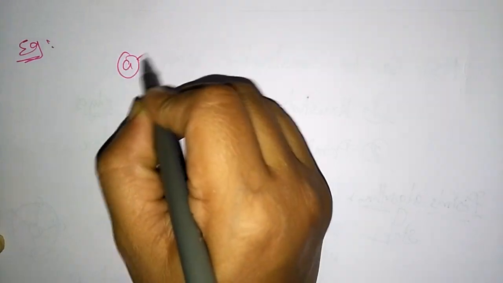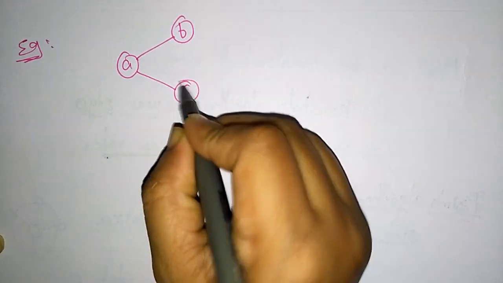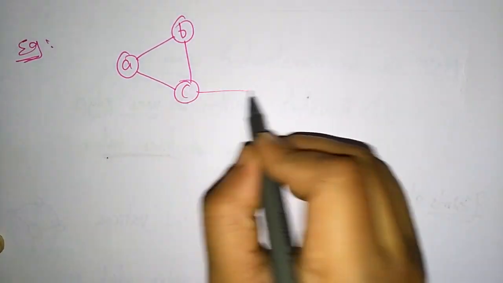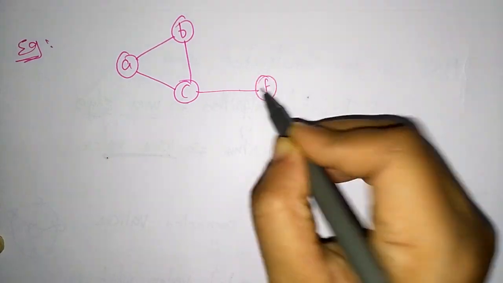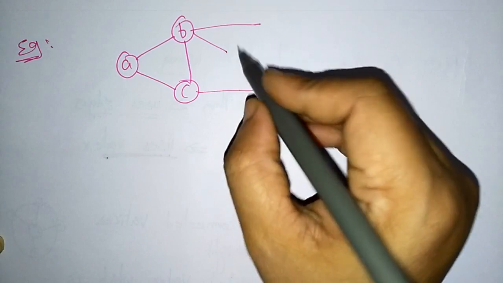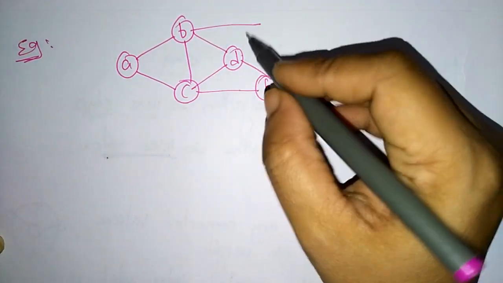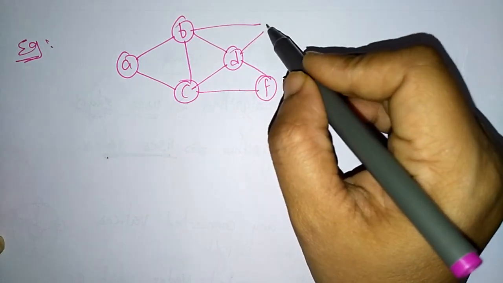We will apply this algorithm on this example. Let me take the example. So I am taking the graph, and now I have to convert this into a minimum spanning tree. The graph has all closed loops, a closed circuit we can say.